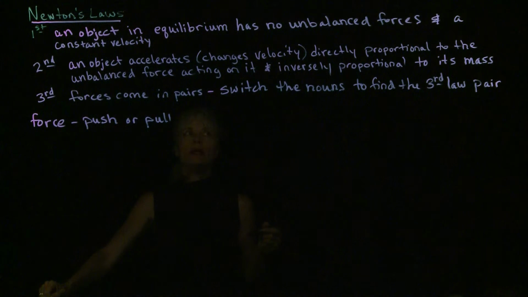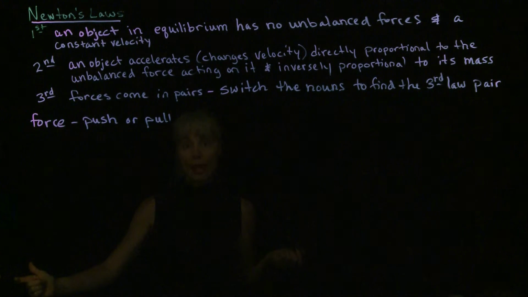So an object with no unbalanced forces, what does that mean? Well, remember we spent time in kinematics distinguishing between scalars and vectors, and we pointed out that forces are indeed vector quantities. So forces have both magnitude and direction.